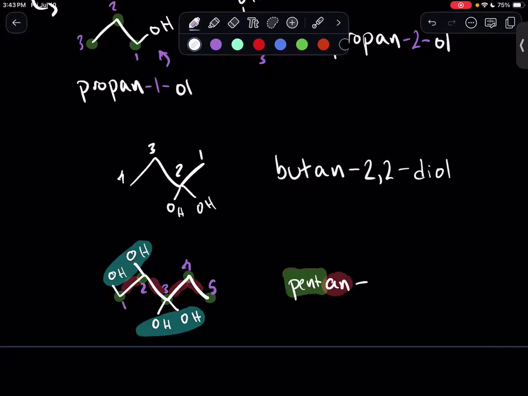So this is going to be pentan-1,2,3,3-tetraol. And we're going to drop that A in tetra to make it a little easier word-wise. So this is going to be pentan-1,2,3,3-tetraol. And that's how we go ahead and name these complex structures.